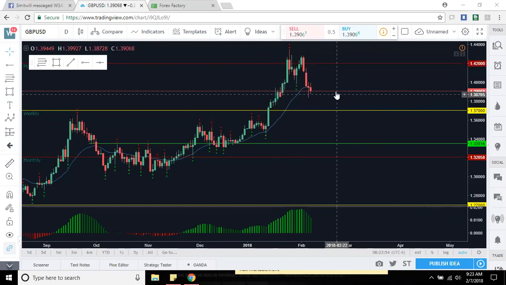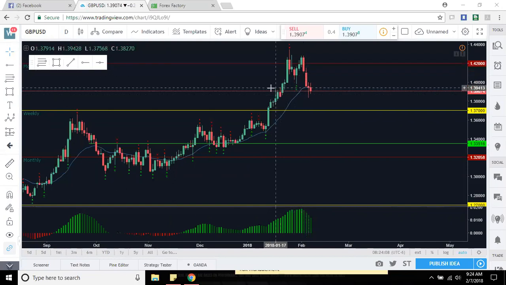But what I'm looking at right now is, first off, the rejection off this monthly key level with this engulfing. Here's the change in momentum. This engulfing changes momentum, guys. So now that we've changed momentum, we've hit a market structure point, which would be a floor or a support.